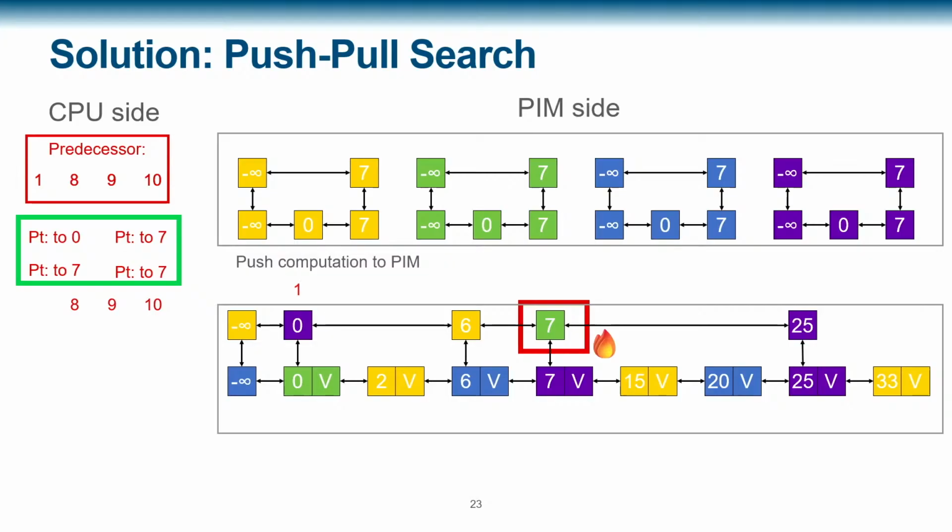But in this case, I'm going to go the other direction. This is push, this is pull the data back here. So now I could have as many queries as I want that wanted this node. It's not going to cost me any more communication than the cost of just sending that node back this way.